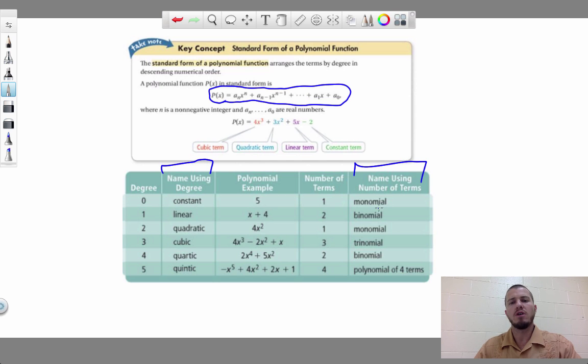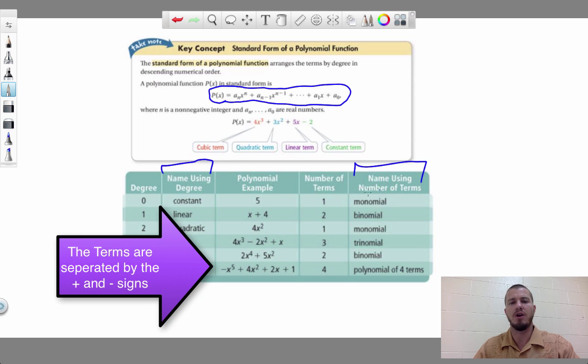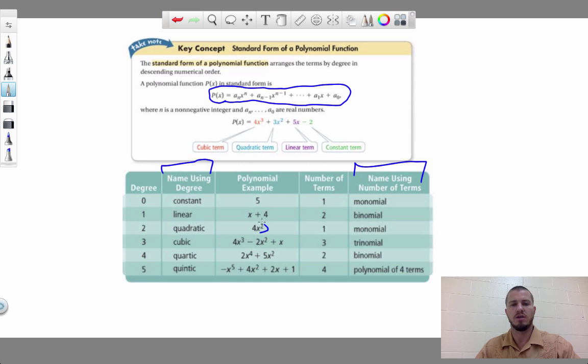Okay? You're also going to name the polynomials by the number of terms that there are. And so a constant, if that's the only term, it's a monomial. If it has 2 terms, it's a binomial. If it has 3 terms, it's a trinomial. So this one here is a quadratic, but it's only got 1 term, so it's a monomial.